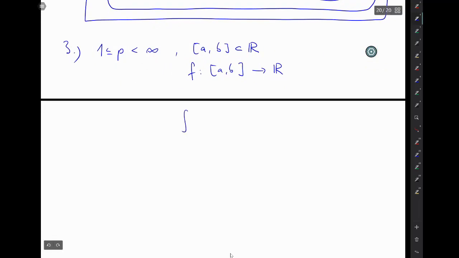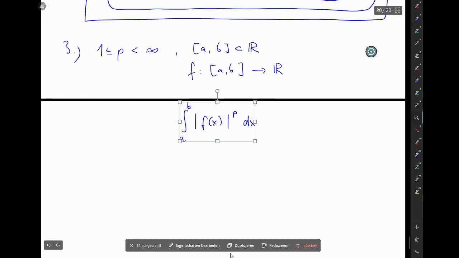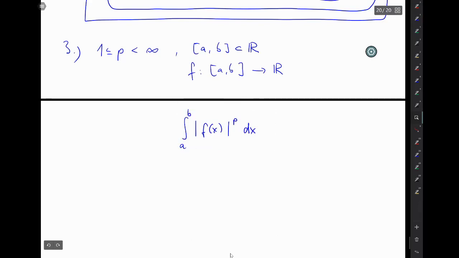And the something is that you want the integral from a to b over modulus f of x to the pth power dx to be finite. So you could as well say that you want the pth root of this whole thing to be finite, which happens at the same time, of course.